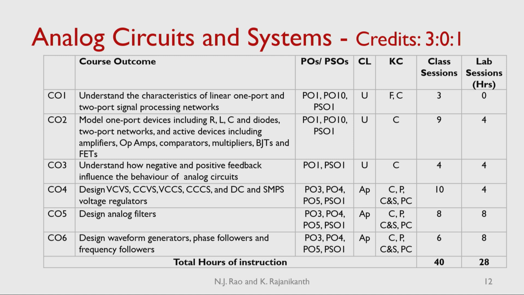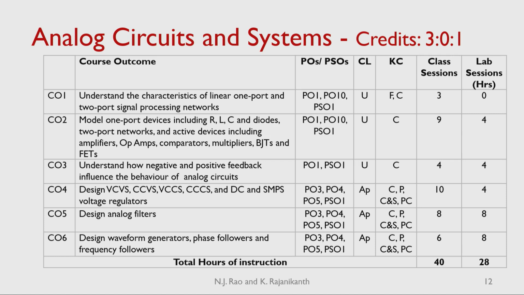So this is how, after writing course outcome statements, we must map them to POs, PSOs, cognitive level (CL), knowledge categories (KC), the number of sessions, classroom, laboratory, as well as field sessions devoted to that particular CO. This would help us to first review whether the COs are appropriate.